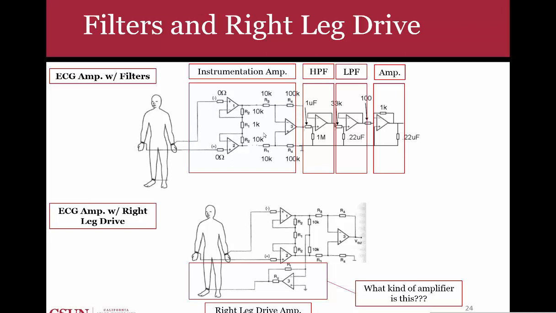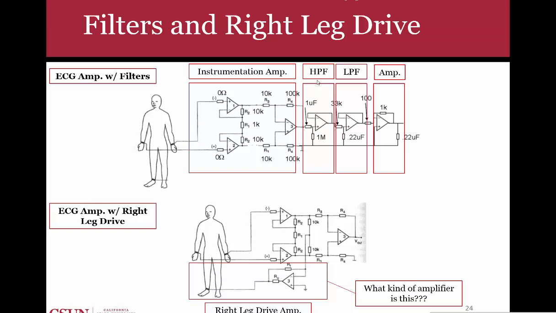Alright, so some additional circuitry you can do. You have your instrumentation amplifier. You're going to need to do some filtering. Remember that I told you that even if you still get rid of the common mode, you might still have some other frequency noise.